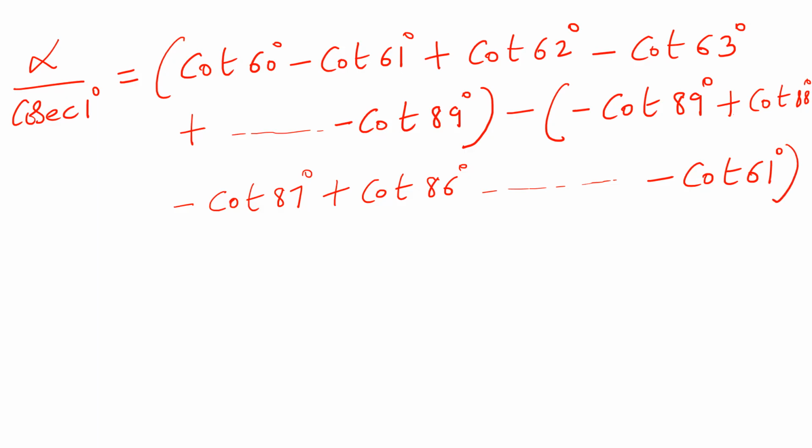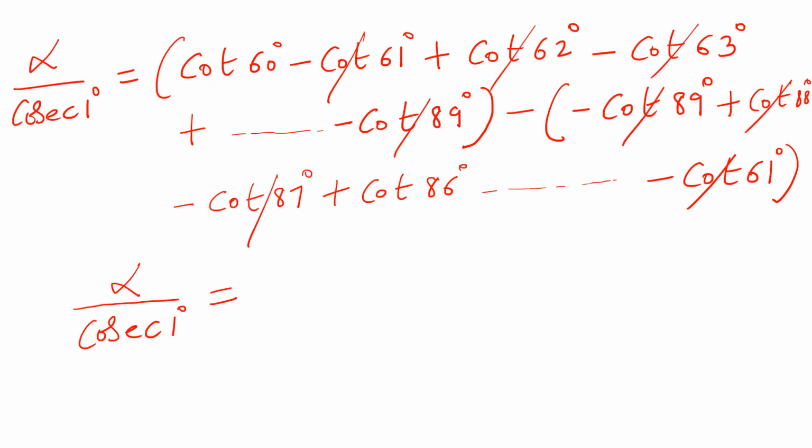Fine. Now students, you can clearly see that all the terms in these two groups will cancel each other except cot 60 degree. So that means we are just left with cot 60 degree on the right hand side.